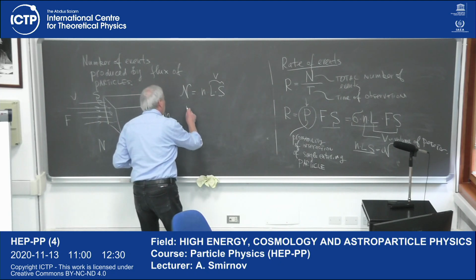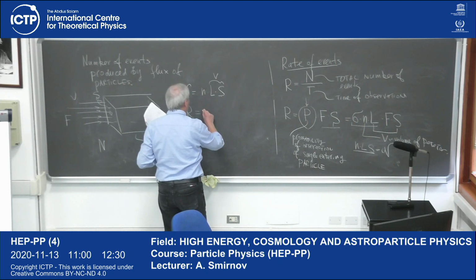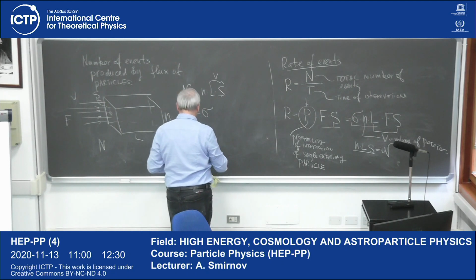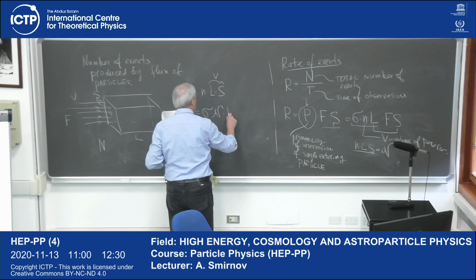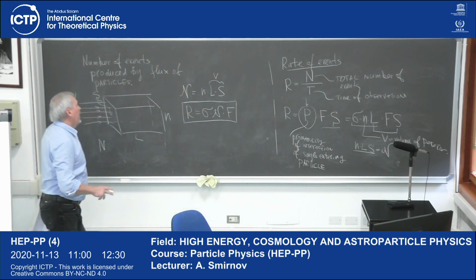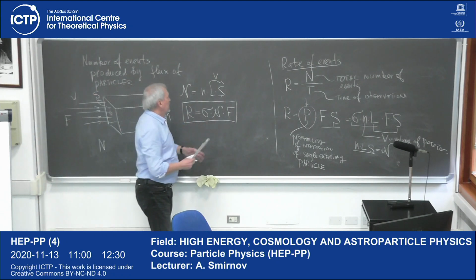And then the rate can be written as cross-section multiplied by n, the total number of scatterers in the detector, and multiplied by the density of the flux. So this is a very common formula which is used to compute the rate of events.